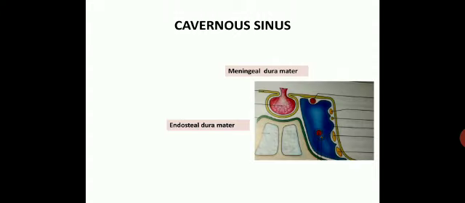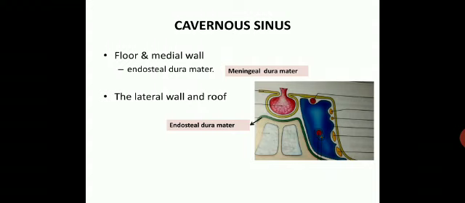The cavernous sinus has a floor, a roof, and medial and lateral walls. The floor and the medial wall are formed by the endosteal dura mater, whereas the lateral wall and the roof are formed by meningeal dura mater.